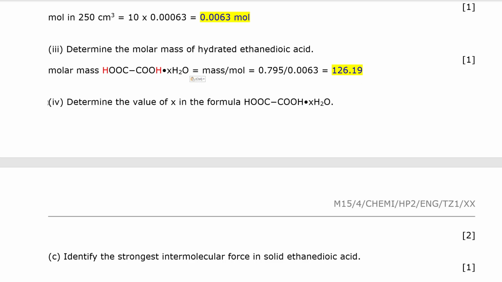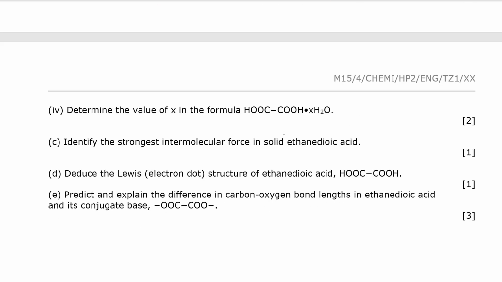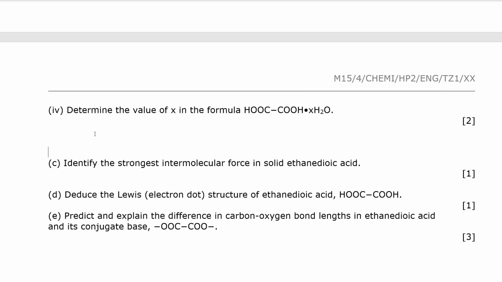Now, how do we determine the value of X? Well, it's not too hard now, because we know that the moles of all of that will also equal the moles of that, and X moles of water. So if we know the molar mass of the whole thing, we simply need to subtract the molar mass of this part to get the molar mass of XH2O, so to speak.